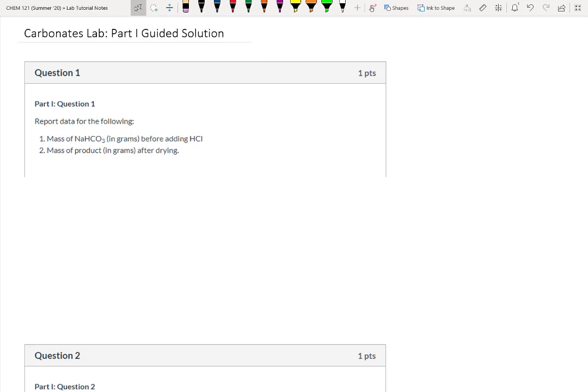Okay, so the first question says, what's the mass of NaHCO3 in grams before adding HCl? This is our sodium bicarbonate. So let's go ahead and do this really quick. In order to do this, we need to take our full beaker, meaning the beaker with the sodium bicarbonate, and subtract the empty beaker.